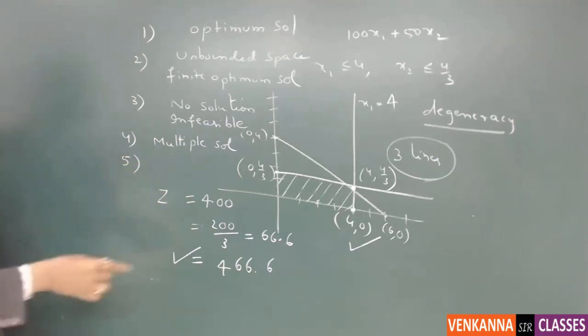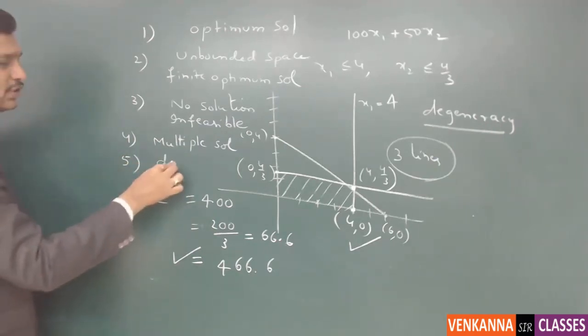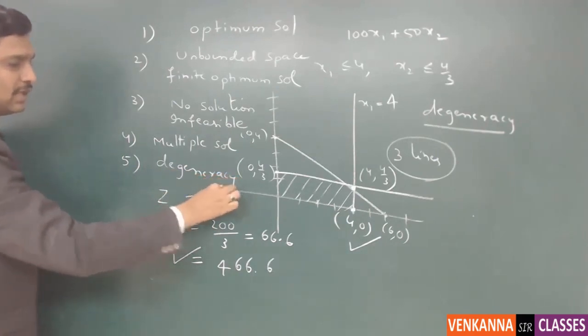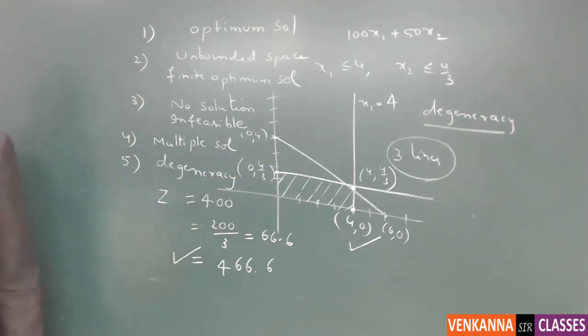And the other one is the thing which we have discussed, we call it degeneracy, where the intersection is obtained by means of three lines. Please understand that all the three lines must intersect at one single point.